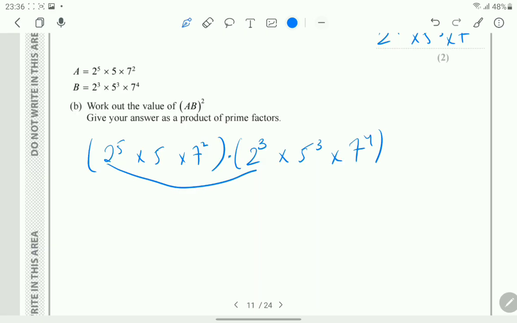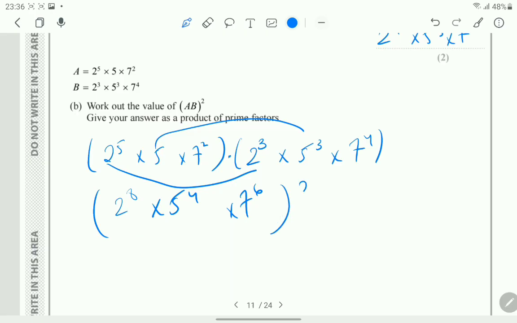So this gets multiplied with this because they have the same bases and their powers get added. 2 raised to the power 8, and we have 5 raised to the power 4, this multiplied with this, and 7 squared into 7 quad would be 7 raised to the power 6.